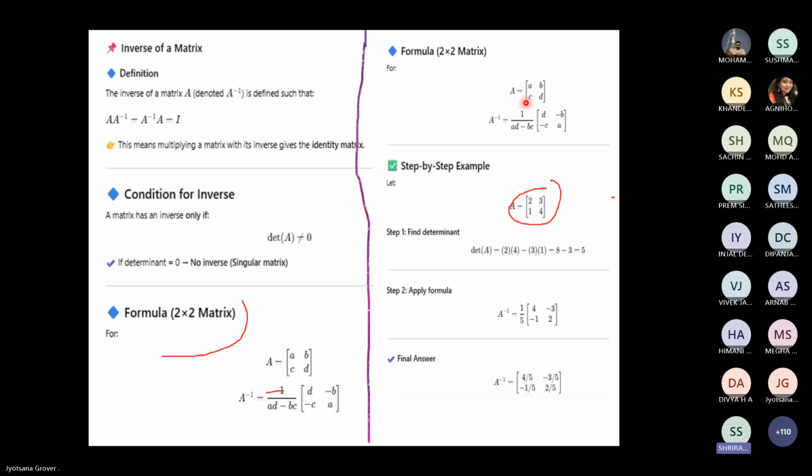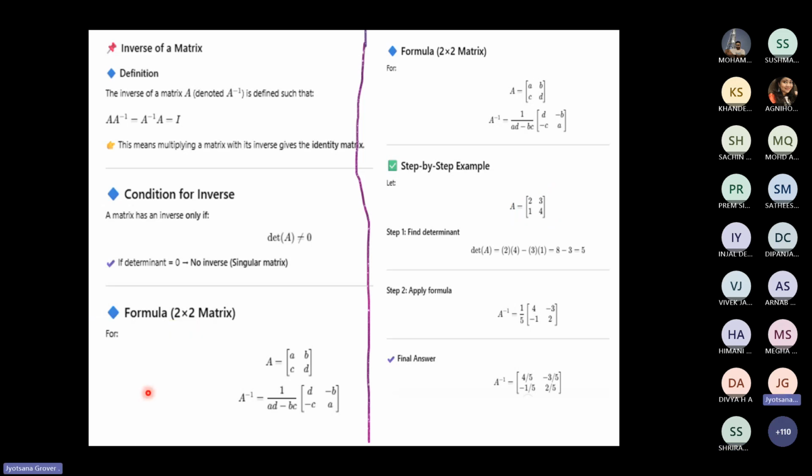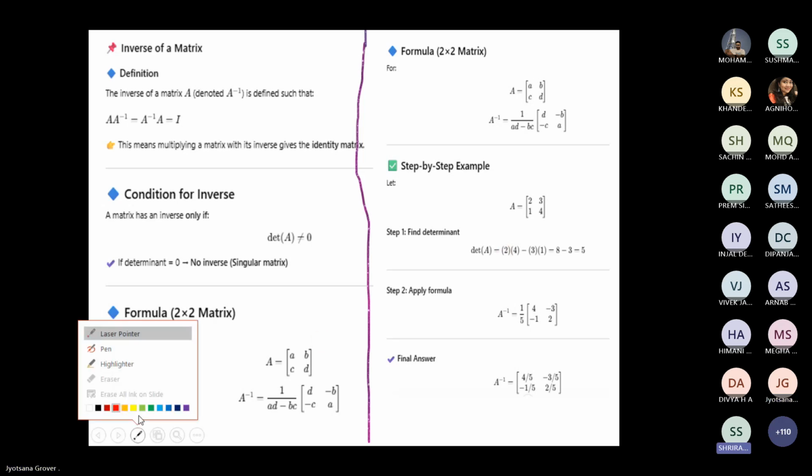Can we also do transpose and then multiply it with another matrix which will invert its sign? No. If you have a 3 cross 3 matrix, one way is you take the adjoint and all, but that is the traditional way.